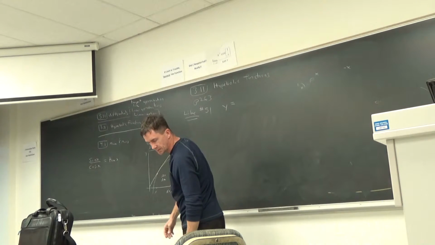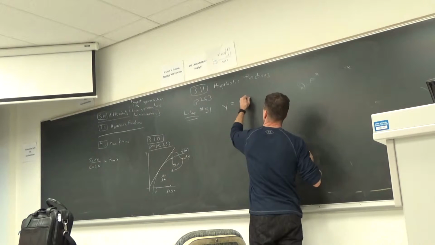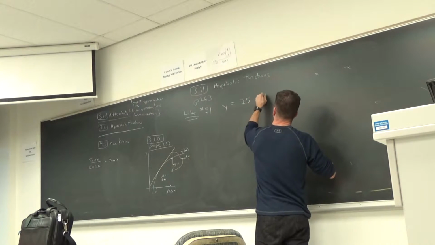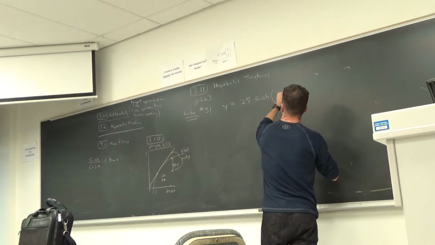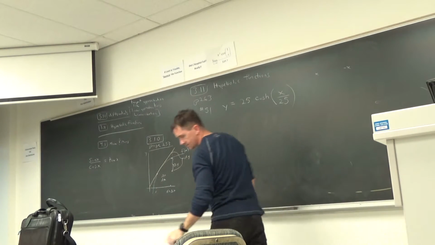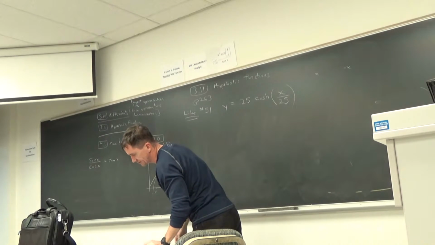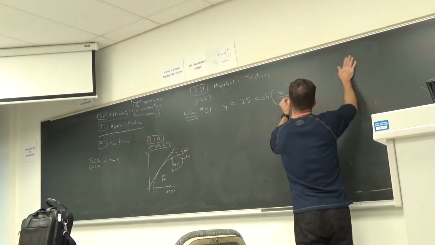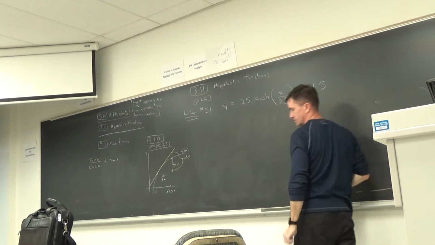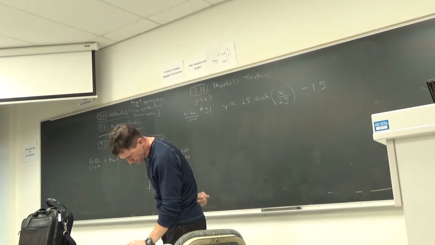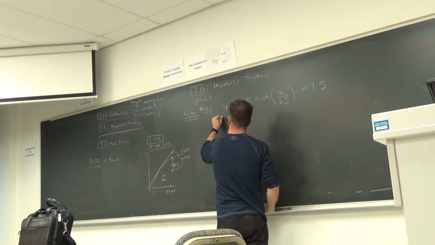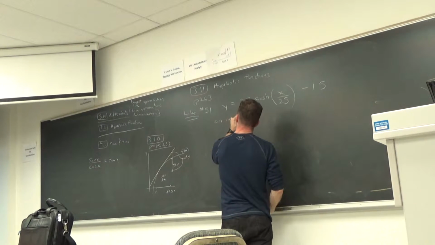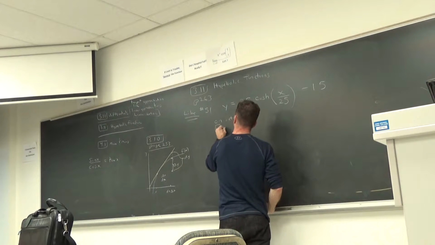Here comes the power line. y equals, they got 20, I'll use 25 cosh of x over 25 minus 15. Now, let's only consider this on the interval from -7 to 7.